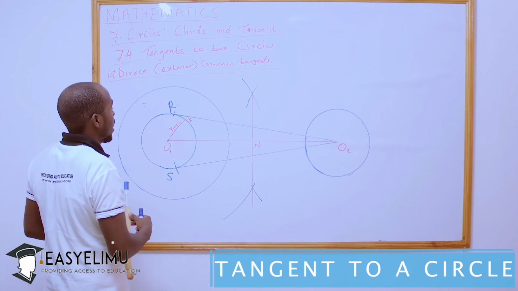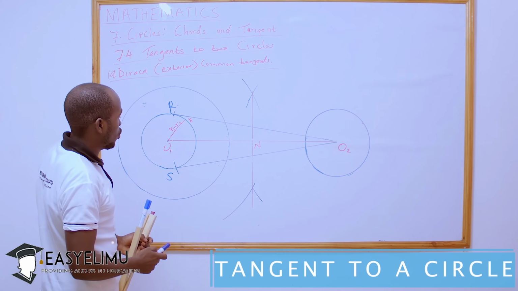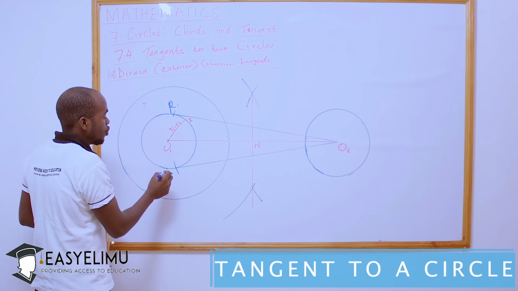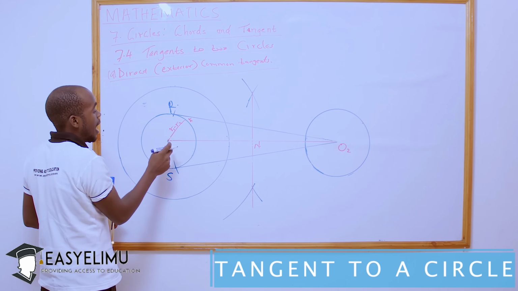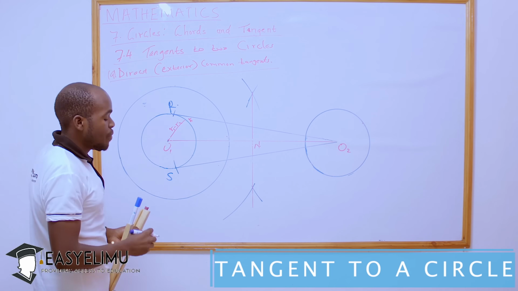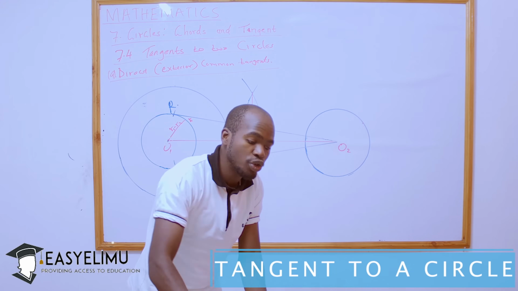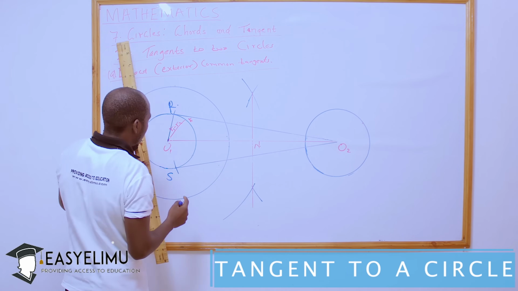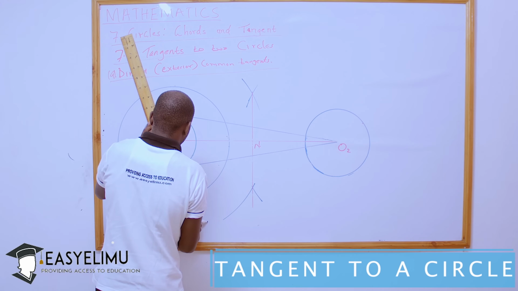Now after joining R to O2 and S to O2, you will find that the point where they touch the curve and cut as an arc means that they are tangent at that point. So we are going to join R to O1 and also S to O1.